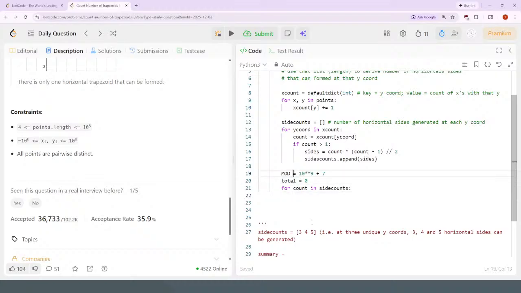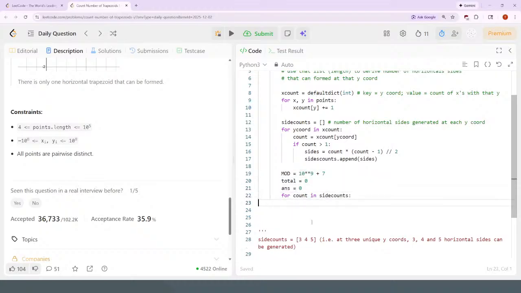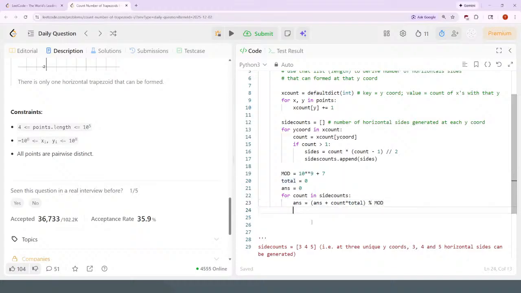So I think I also need to have an answer. First off, the answer is increased. Answer equals answer plus the current count times the total before, mod, and then the total is increased by the current count.